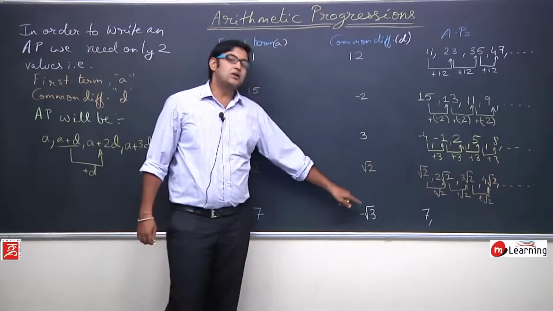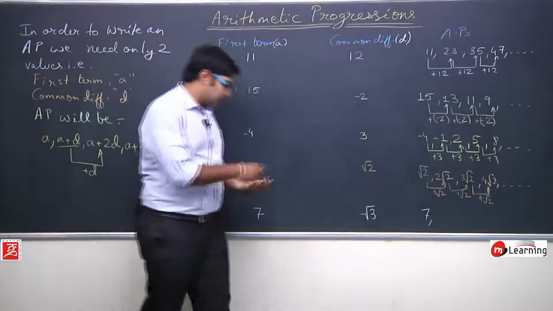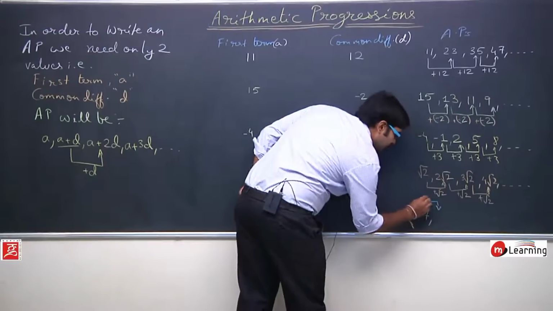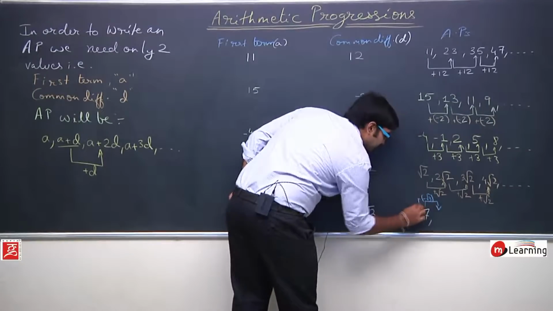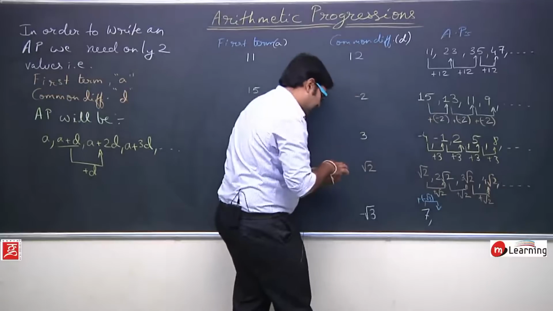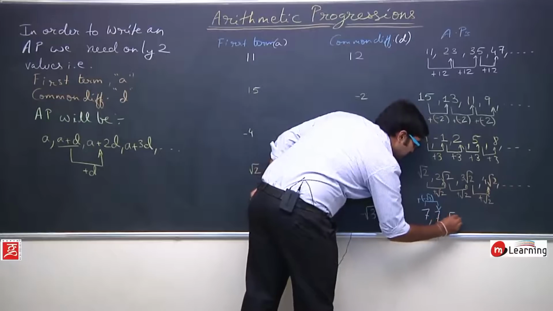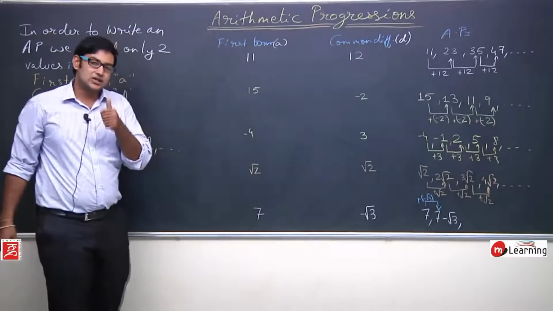You will add minus root 3 to this 7. So the second term will become 7 minus root 3. Okay, second term will become 7 minus root 3.